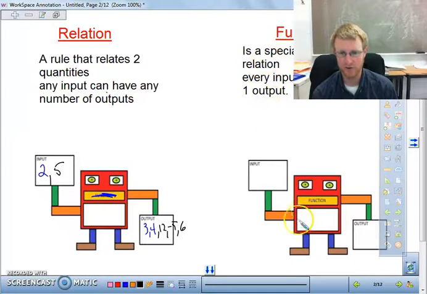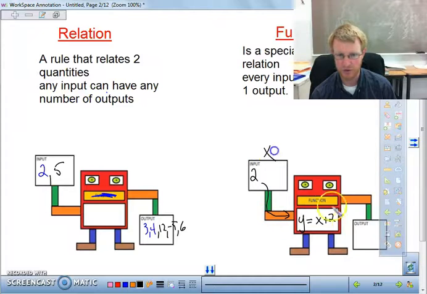Meaning, let's just use an example of a function. A function that we are aware of is, say, x plus 2. If I input a value, 2, then when I plug that into the machine here, 2 goes in for x, because our input is typically x and our output is typically y. So 2 goes in for x, 2 plus 2 is 4, our output is 4.